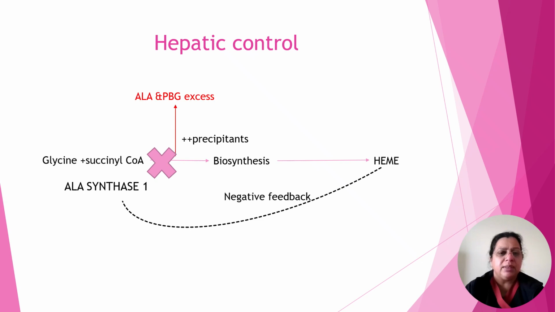When there is disease, you have various levels where the pathway is obstructed, where the deficient enzyme is present, and beyond that the pathway cannot proceed. In the initial steps of the pathway, there is accumulation of delta aminolevulinic acid and porphobilinogen. These are not complete porphyrins.